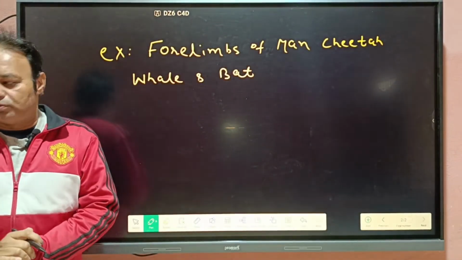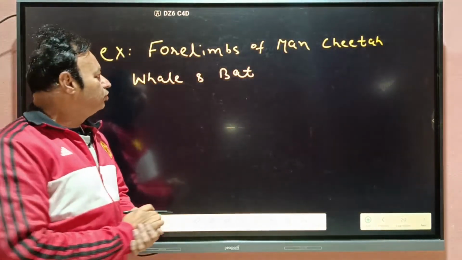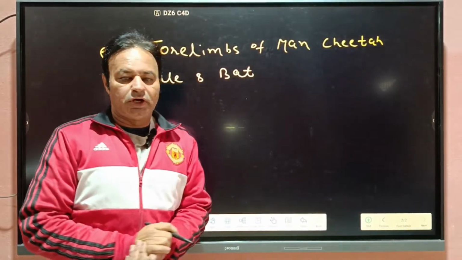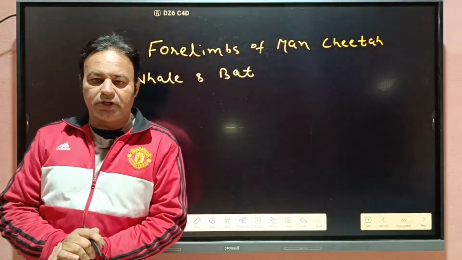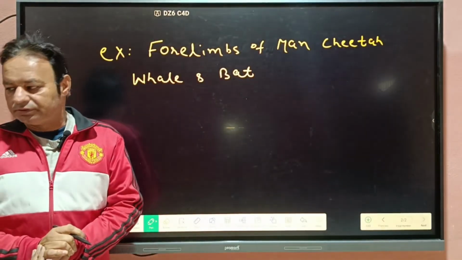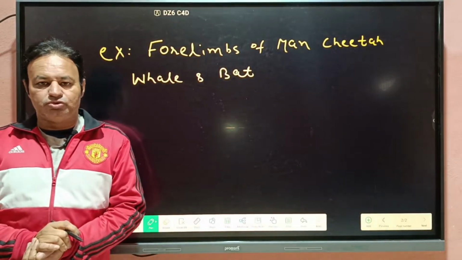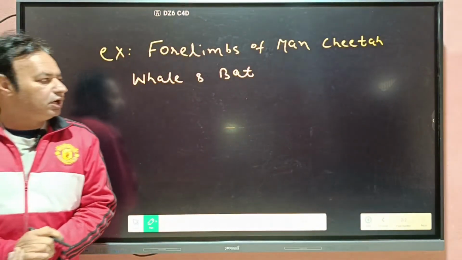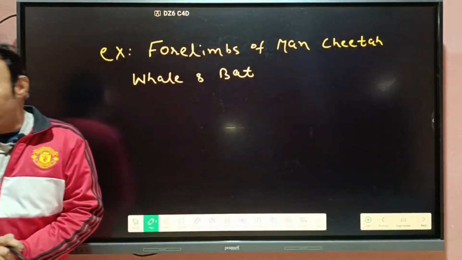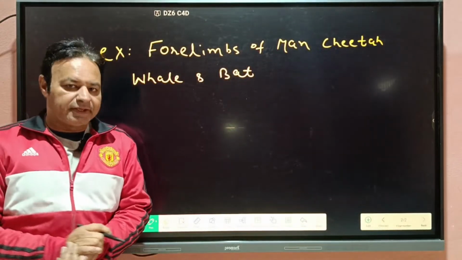They are homologous organs because the forelimbs of man are used for holding objects, the forelimbs of cheetah for running, the forelimbs of whale for swimming, and the forelimbs of bat for flying.